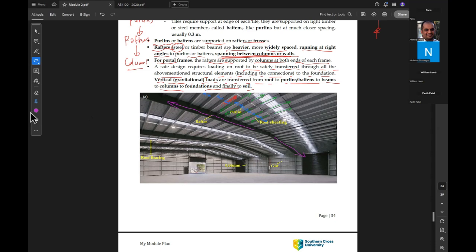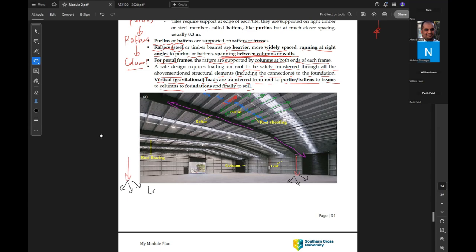After the rafter, what will happen? The rafter will transfer the load to the column. So we have a column here and a column at this end. And then from the column, the load will go to the footing, and then after the footing, we have the soil.